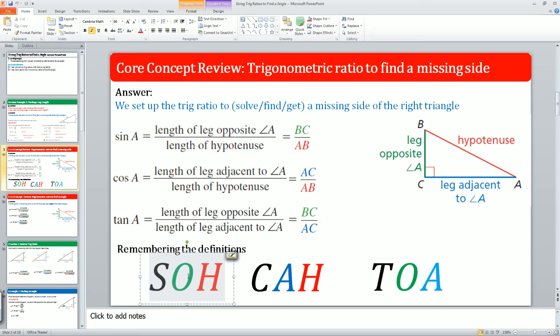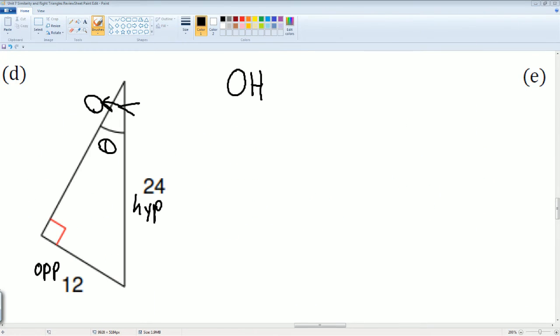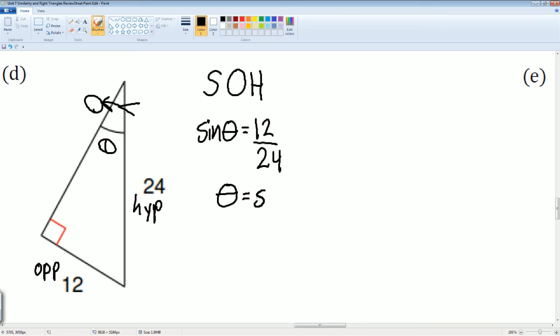O and H is opposite and hypotenuse, so that's your sine. So I write sine theta is equal to my opposite, which is 12, divided by my hypotenuse, which is 24. I want to get theta, so I do theta is equal to sine inverse 12 over 24.